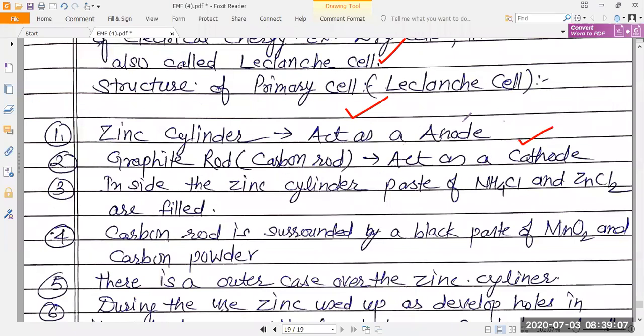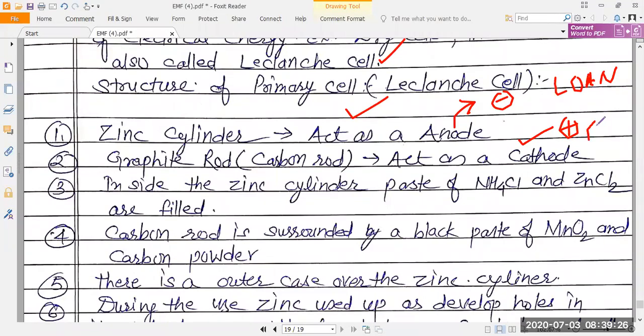And in an electrochemical cell, anode is always negative, cathode always positive, according to LONE. Do not forget LONE. Left oxidation anode negative.